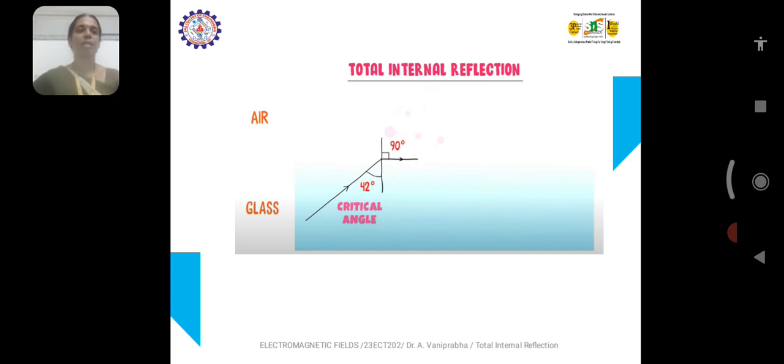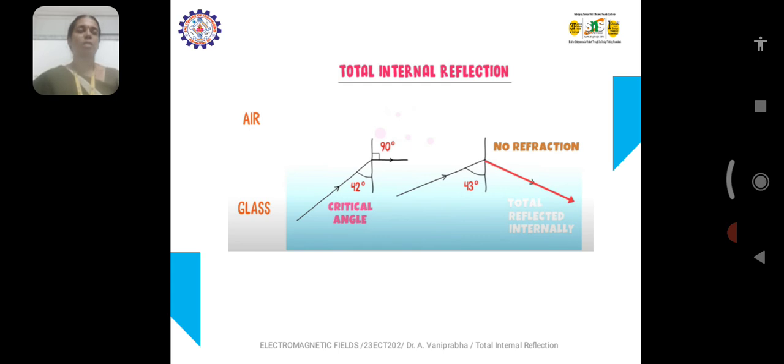Whenever the light ray travels from glass to air, refraction takes place. And if we know the critical angle of the glass is 42 degrees, whenever the light makes an angle of 42 degrees with the normal line, it gets refracted at an angle of 90 degrees, right?